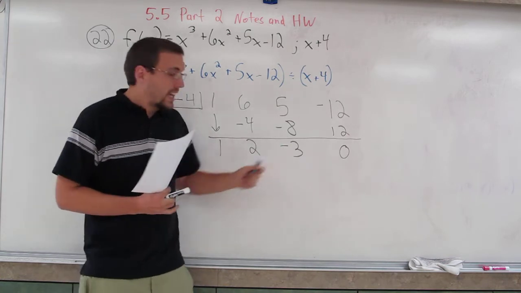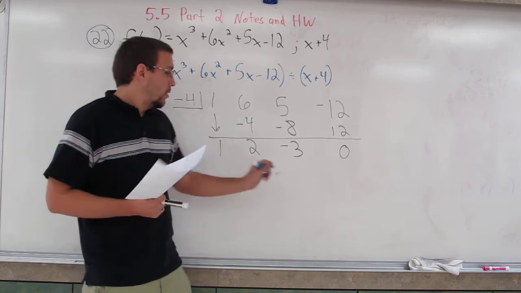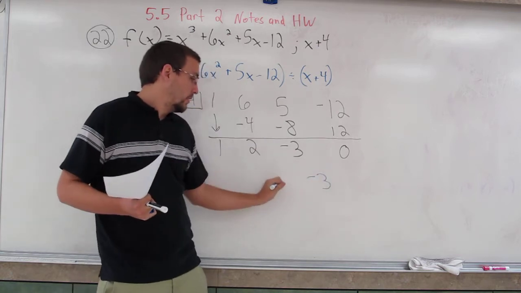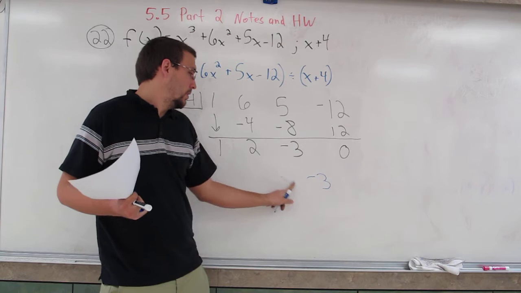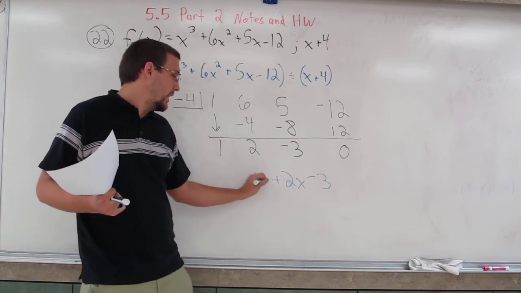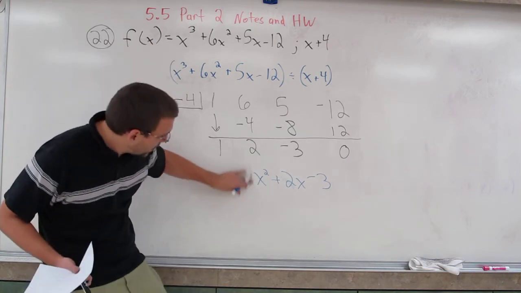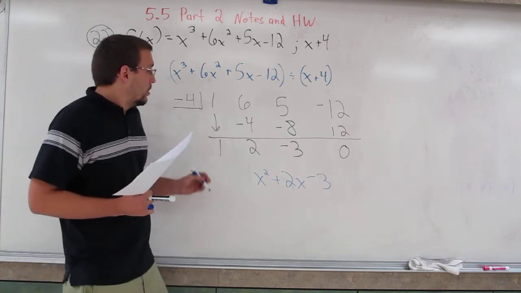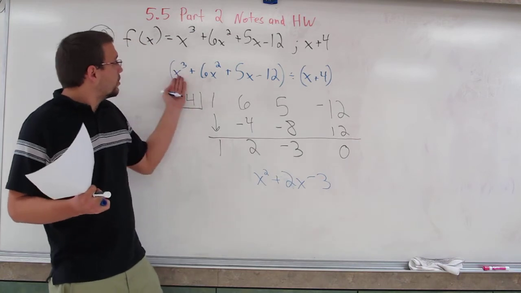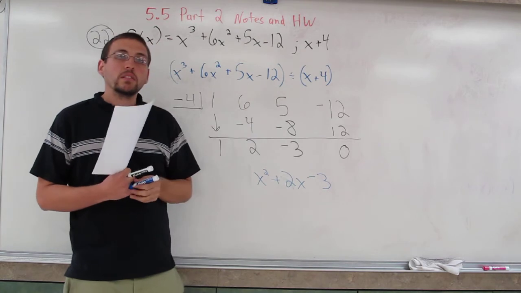So let's write down what this actually tells us as a polynomial. Notice this will become a trinomial, with the constant being negative 3, the linear term being 2x, and the quadratic term being 1x squared. Now, if you really want to write the one, you can, but it's more proper to leave it off. So, notice when we took our original polynomial and divided by x plus 4, we got this as an answer.